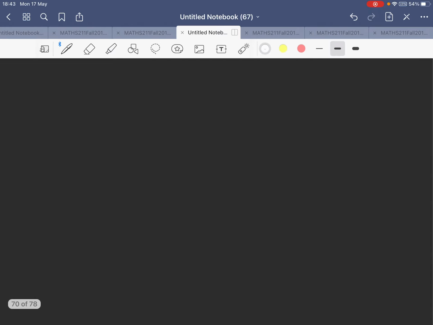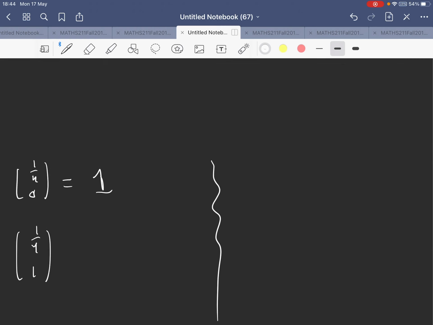So let me just do them here. I don't know, maybe here is a good way. 1 over 4 choose 0. We said this is by default 1. 1 over 4 choose 1. This means I have 1 factorial, and here I have to multiply 1 over 4 only 1 time, so the answer will be 1 over 4.